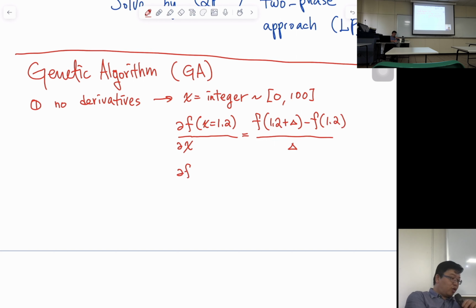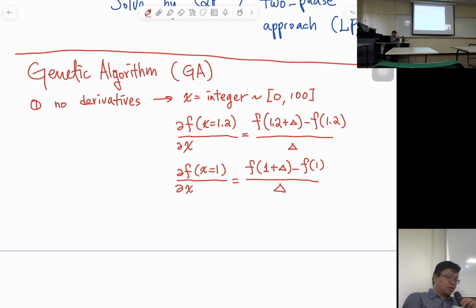Or if you want to do this at x equals to 1, in this case, f of 1 plus delta minus f of 1 divided by delta. Maybe at 1 plus delta is not available.